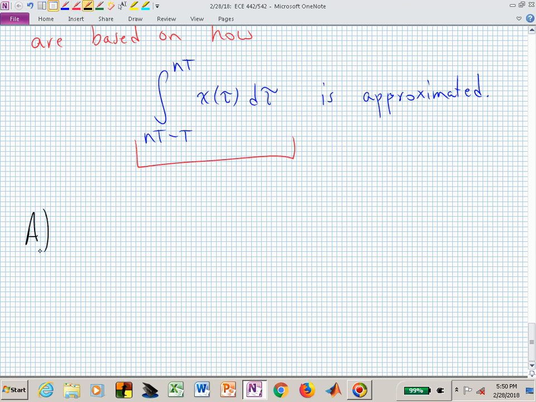Let's call the first numerical integration approach a forward rule.